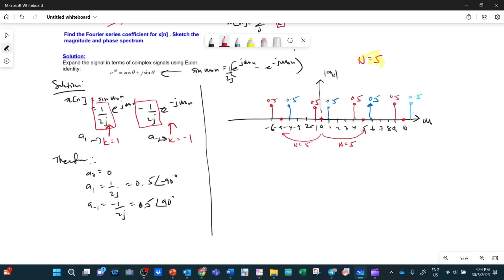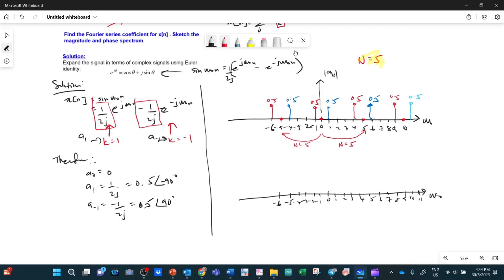So this is the final answer for the magnitude plotting. How about the phase plotting? Similarly, you draw out the omega values first: 5, 6, 7, 8, 9, 10, 11, and minus 1, minus 2, minus 3, minus 4, minus 5, minus 6.